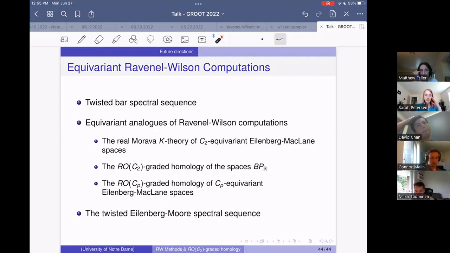And I believe the norms end up being very uninteresting. I believe the norms are 0. So knowing the RC2 graded homology really tells you pretty much everything that's happening. That seems to be the case in this setting, and that's coming from the underlying homology being exterior, which seems to really force that to be the case.